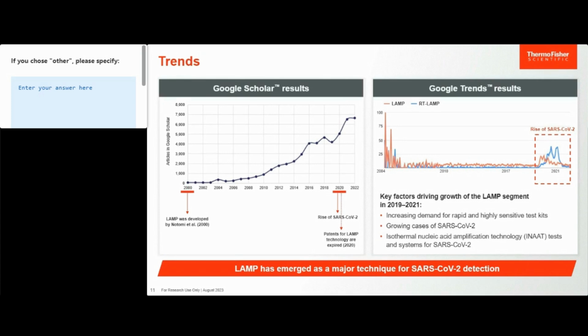Currently, LAMP and other isothermal amplification techniques remain interesting for researchers because of increasing funding initiatives for molecular diagnostics and infectious disease diagnostics, as well as the high prevalence of infectious diseases.